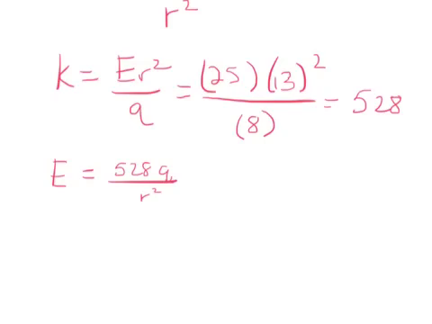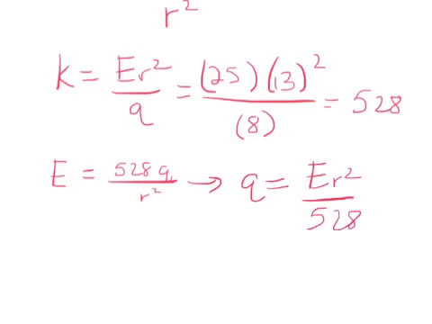To solve for Q here, it's like the way we solved for k a minute ago. Multiply both sides by r squared to get rid of this r squared, bring it up here, and then divide by 528 this time. So Q is going to become E r squared over 528. Now, we're given in this last part that the value of the electric field is 18 newtons per coulomb at a distance of 11 meters.